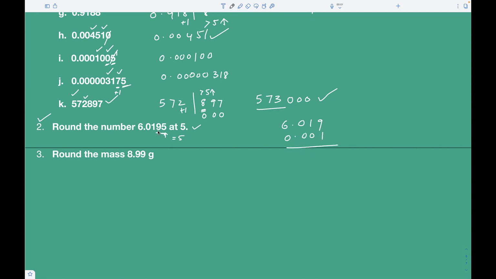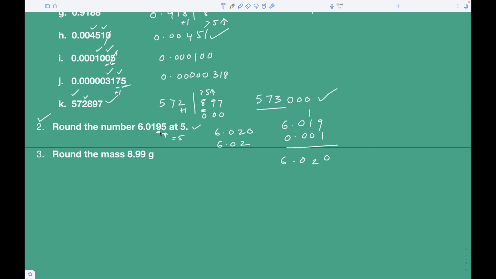That is what we mean by adding a 1 to this digit. So 9 plus 1 is 0, 1 plus 1 is 2, 0, 6. So the answer is 6.020.